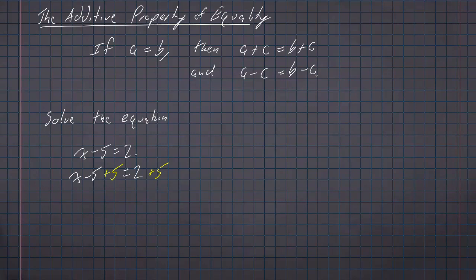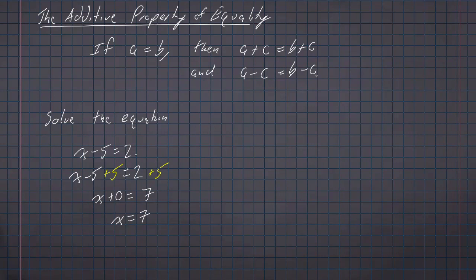In the process of combining like terms, x minus 5 plus 5 is x plus 0, and x plus 0 is simply x. So I get that if x minus 5 is equal to 2, then x is equal to 7.